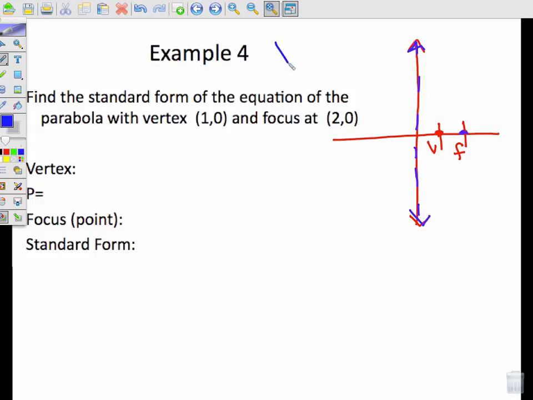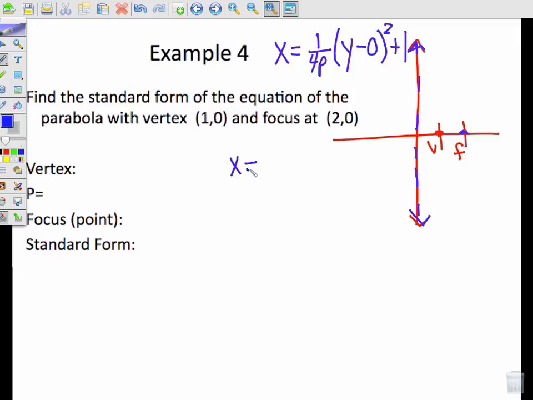And what I know is that the right is x equals 1 over 4p times y minus k, we'll put this in there, squared, plus h. Well, if my vertex is 1, 0, then my h is 1, and my k is 0.